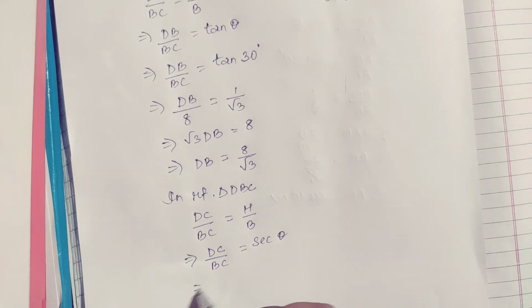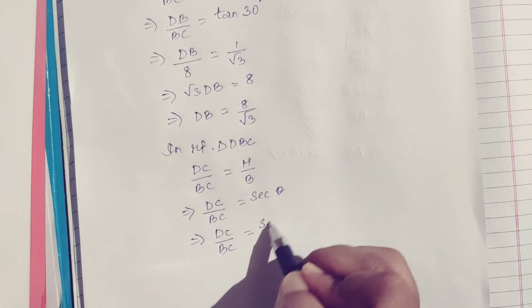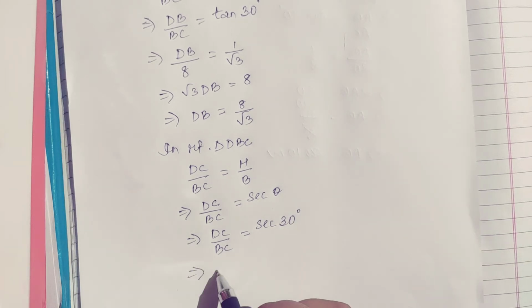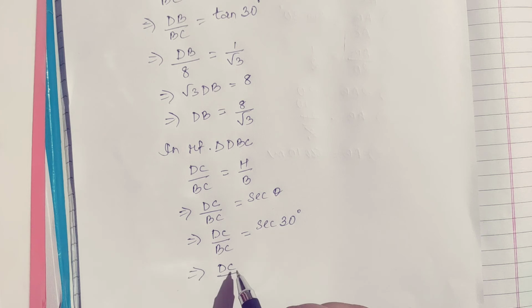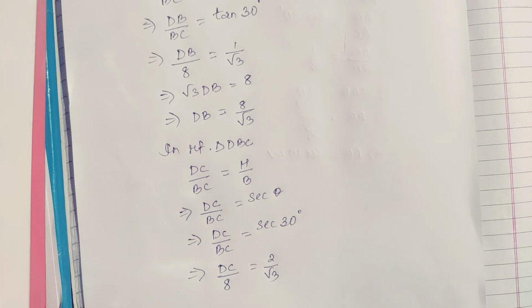So DC by BC equal to sec 30 degree. Now we'll put the values. DC we don't know, so we'll just write DC, and BC is 8, and what is the value of sec 30? That is 2 by root 3. So in place of sec 30 we'll write 2 by root 3.